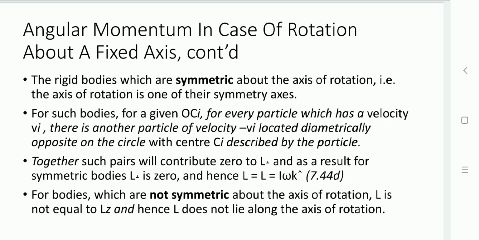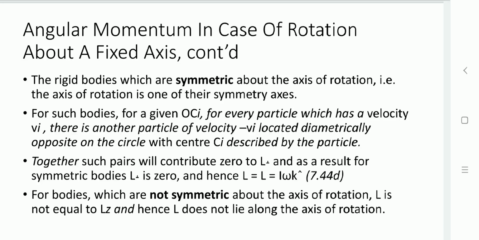These pairs contribute a zero value to L perpendicular, so L perpendicular is 0. So the total angular momentum L equals I omega k. Now for a body that is not symmetric about the axis of rotation, L is not equal to Lz, so L does not lie along the axis of rotation.